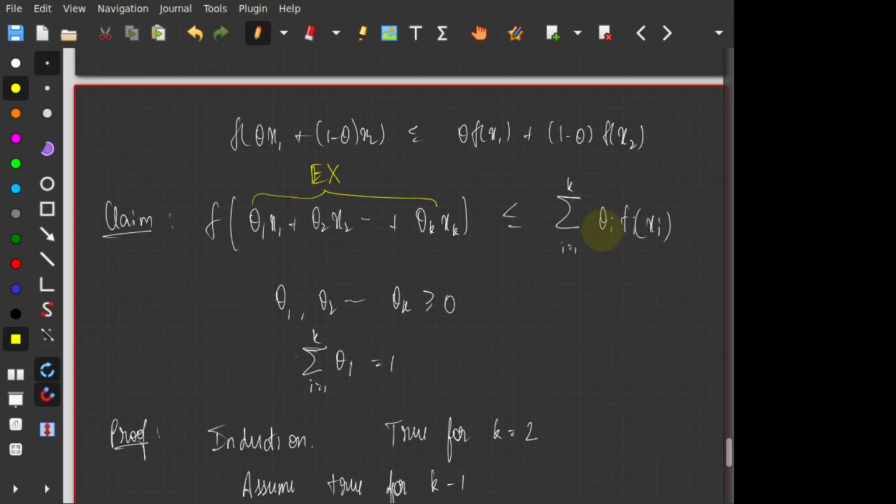But now what is the right hand side? It's the expectation of f of x. Yep, so you've seen this before. This is just Jensen's inequality.